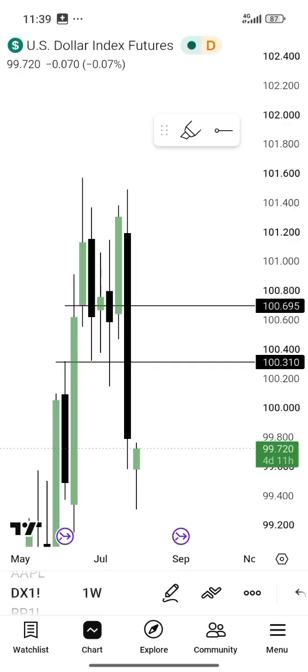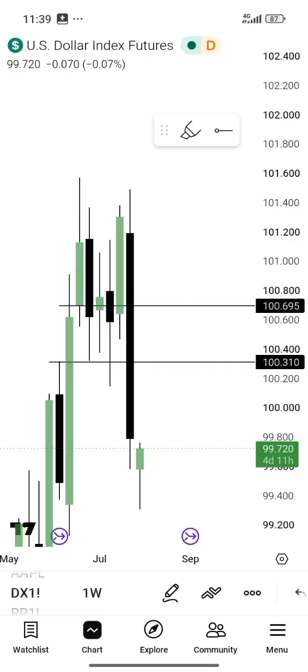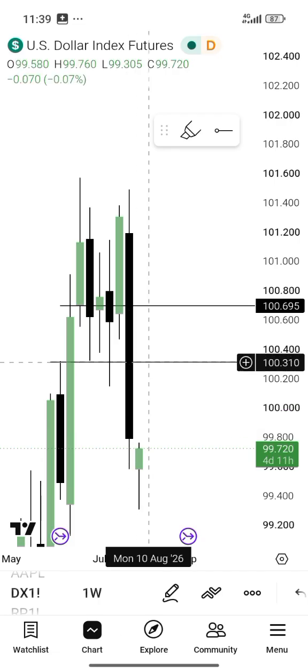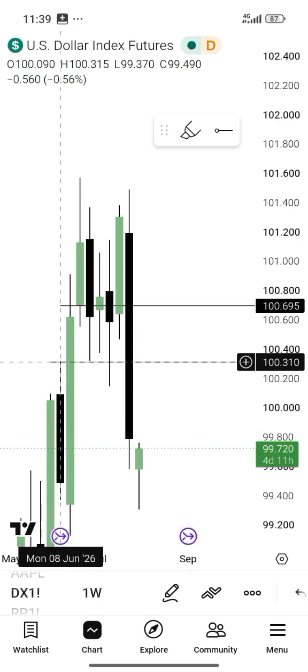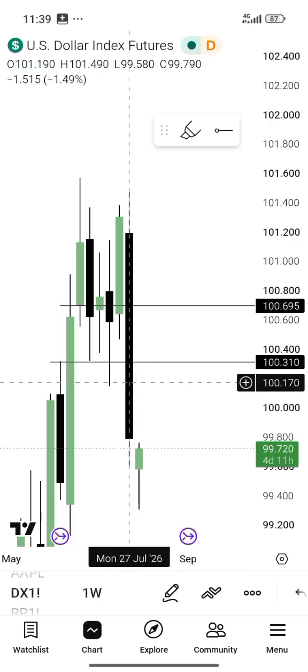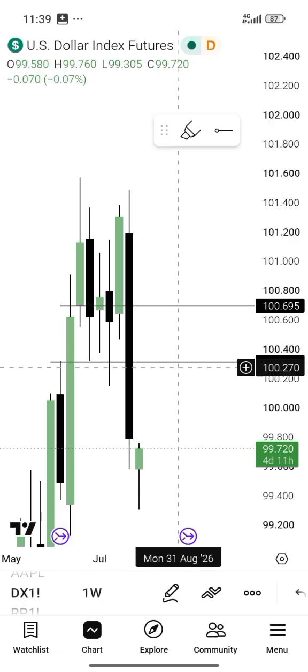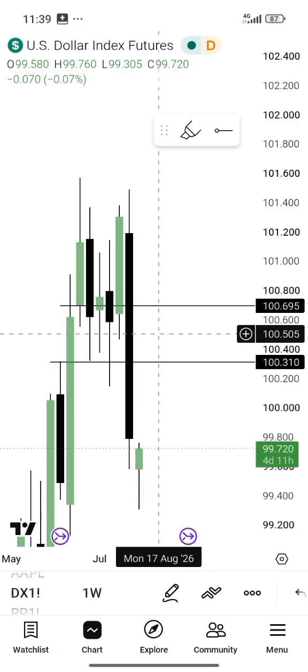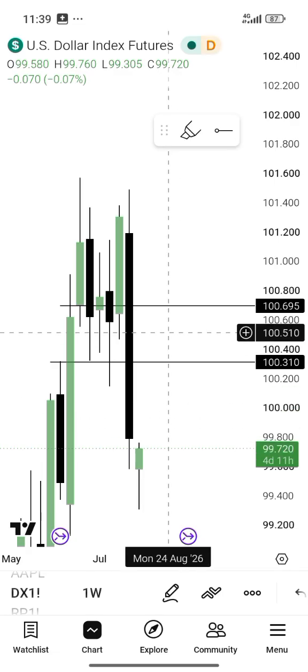But note, balanced price ranges can be used for both bullishness and bearishness. How? The moment we closed below this fair value gap's low, which is basically candle number 1's high, it became bearish. If we trade back to this balanced price range now, I would love to see us being bearish and not close with a candle body above the 50%.